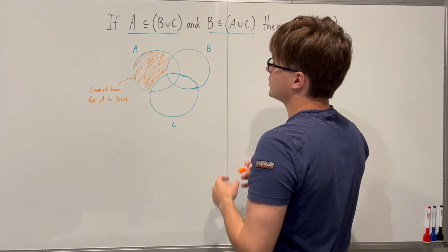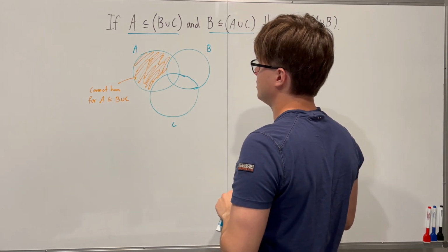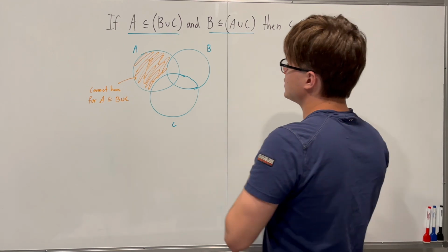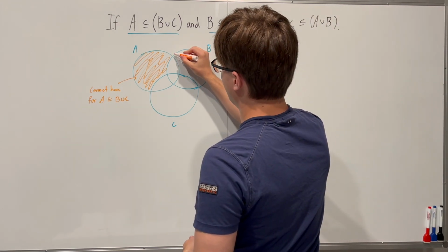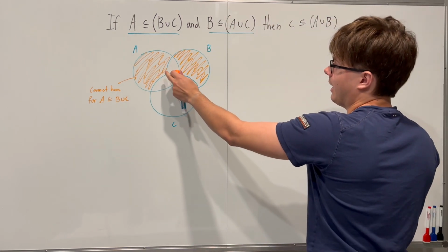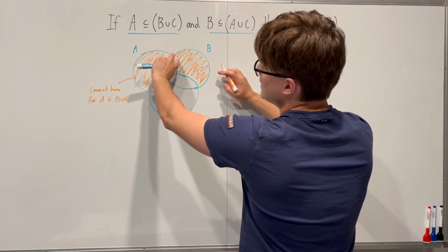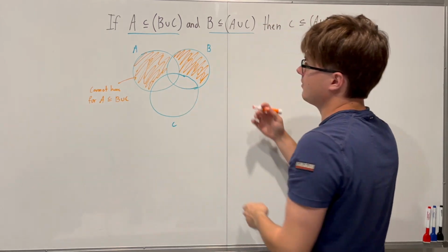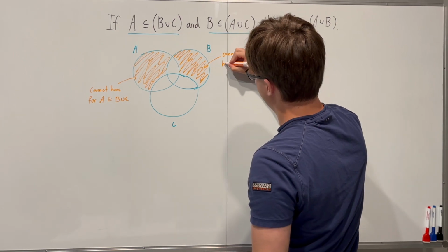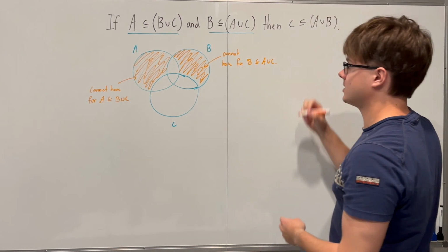When we're looking at this, we want to say, well, no part of B can be not in A and not in C. It means it has to either be in A or in C. Well, that means we cannot have any part of B, like so, that is not going to be in A or C, right? This part, if we again forget about this orange part, means B has to be in A or it has to be in C. Fantastic. So, more clearly, cannot have for B to be a subset of A union C.